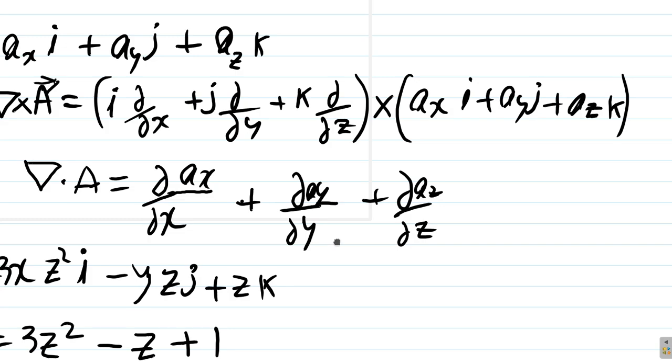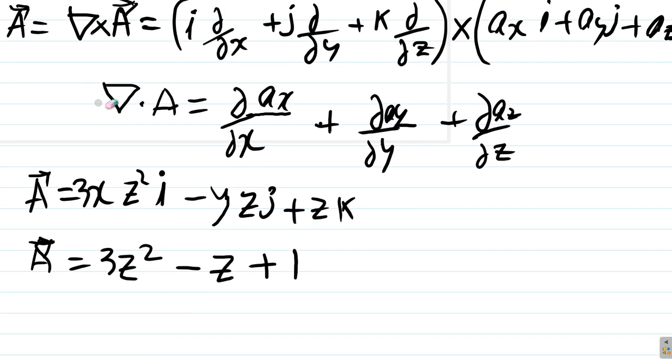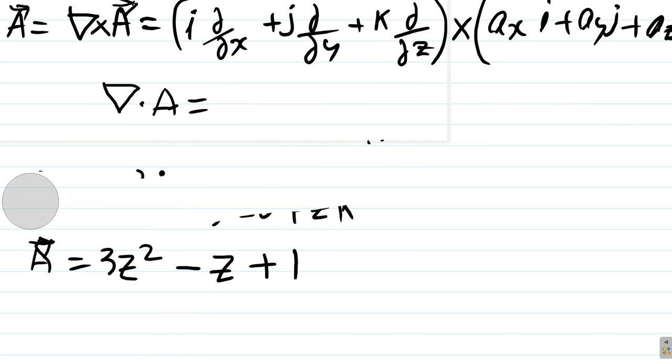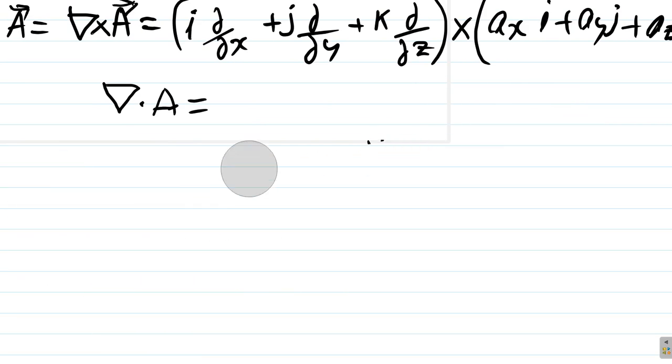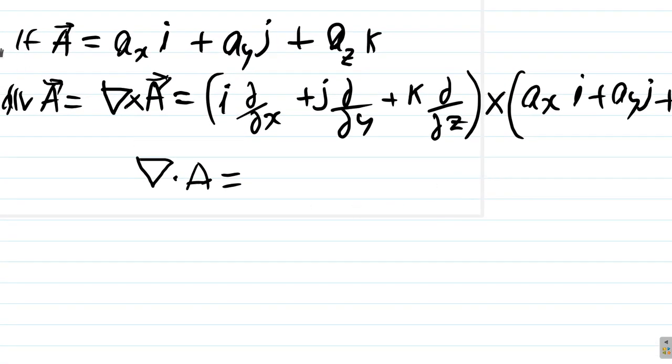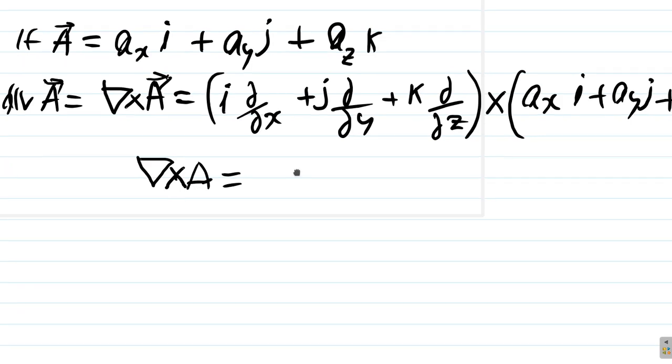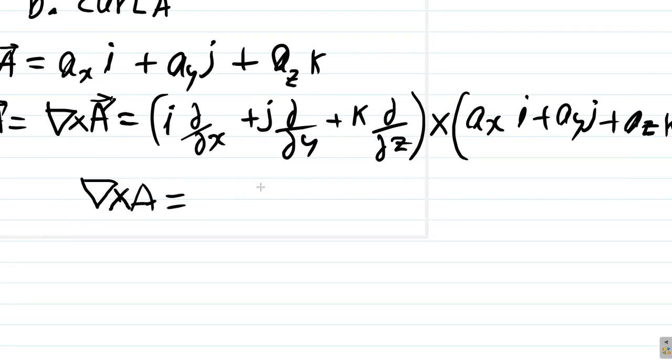Now let's erase this because it's not the dot product we're looking at anymore. It's going to be the cross product. So now we have nabla cross A. Now remember, the cross product of vectors is going to be a certain determinant.